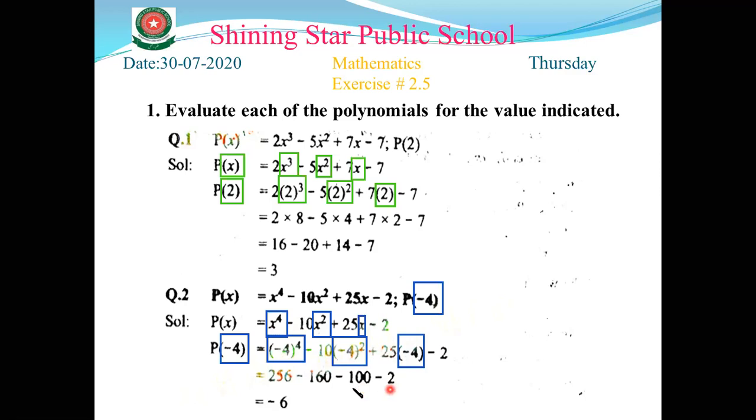Now 102 and 160 means 262. 262 minus 256 is 6. Very simple. But why do we write minus with 6? Because the greater value has a negative sign. Simple.